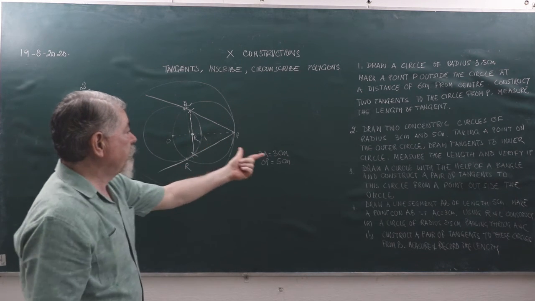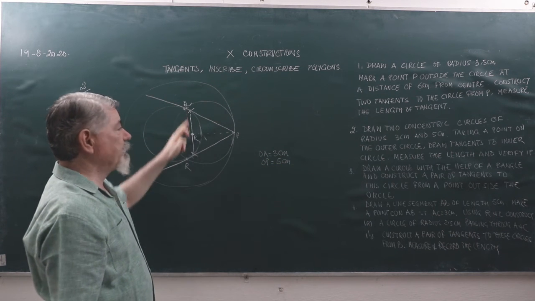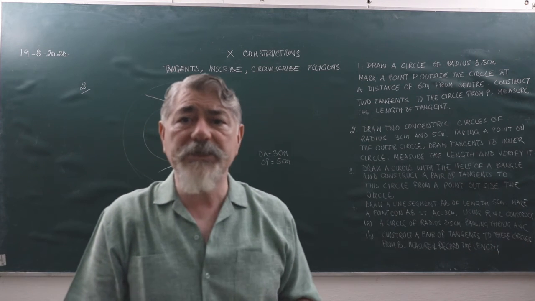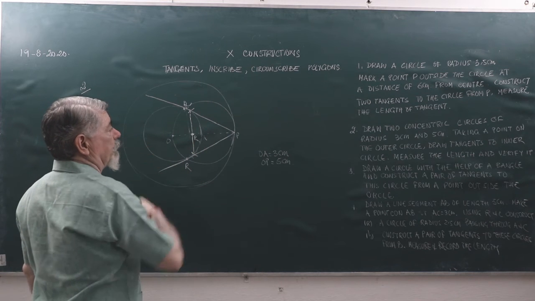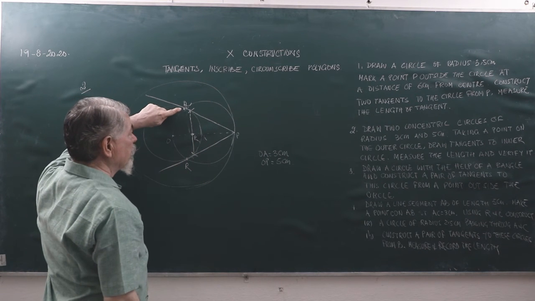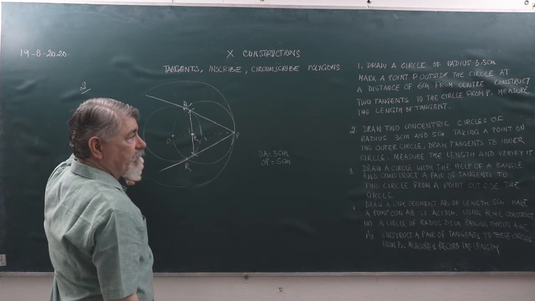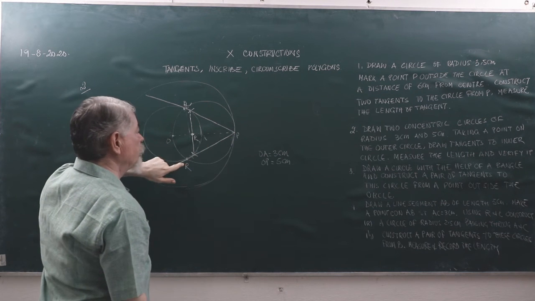OA is 3 centimeter, OP is 5 centimeter. I have perpendicular bisected OP to draw a circle on OP as diameter, and that circle cuts the inner circle of radius 3 centimeter at Q and R. So we join P to Q and P to R.